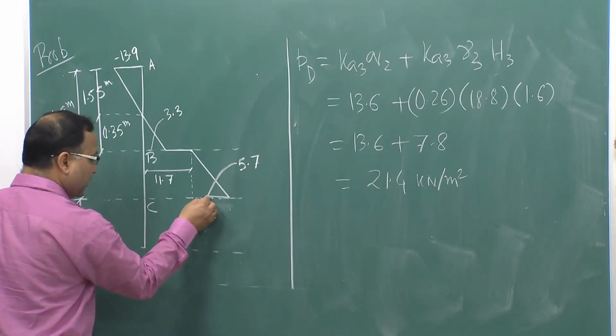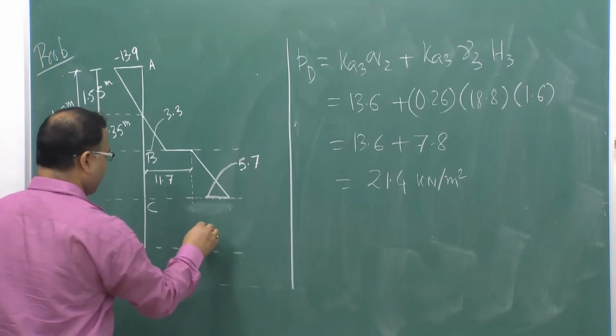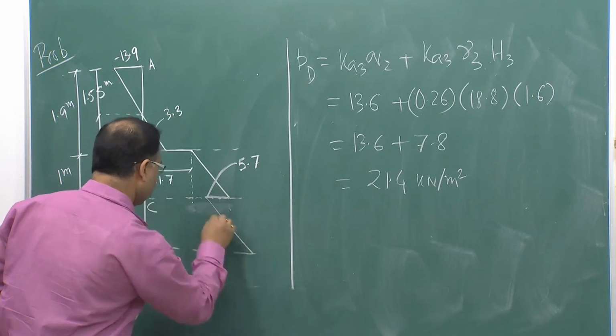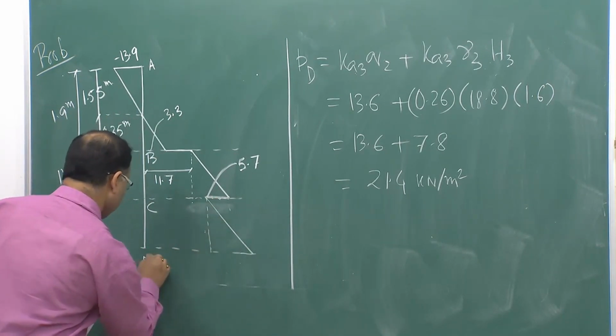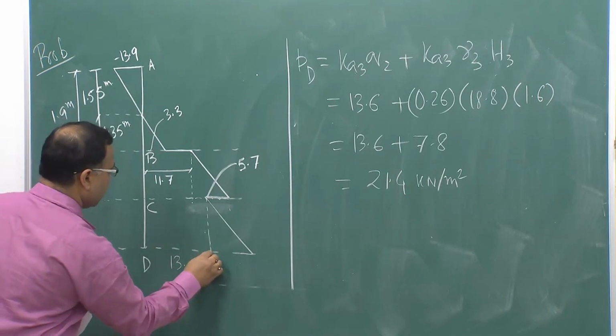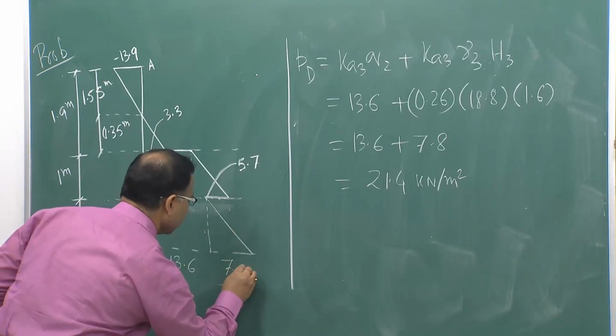So, basically you are coming back, this is your 13.6 and then, so this is your 13.6 from this point to this point and this point is 7.8.